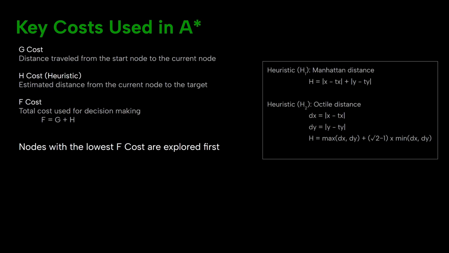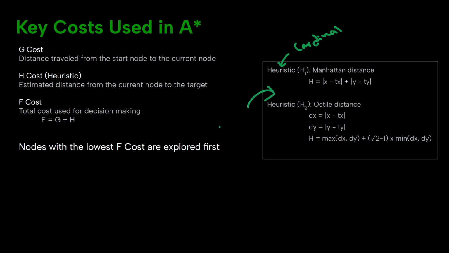So what are the key concepts used in the A-star algorithm? I mentioned this earlier in the heuristic section, because you need to be familiar with heuristics in order to apply the A-star algorithm properly. In the heuristic section, I mentioned that if you are using cardinal direction movements, we have to use the Manhattan distance heuristic to perform the distance approximations.